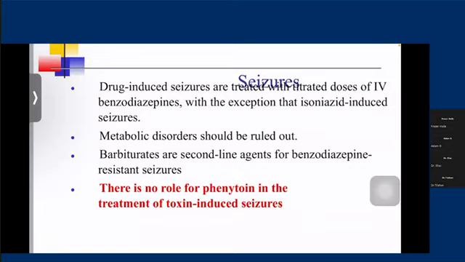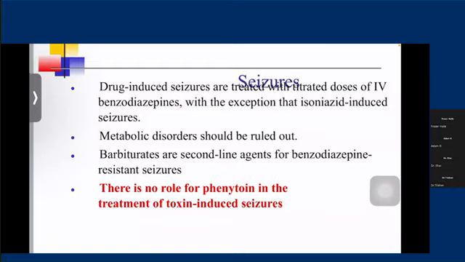Otherwise, the seizure caused by INH is usually refractory to benzodiazepine, so consider giving pyridoxine. Seizure can also be caused by metabolic complications because of the poisonous agent, so we always need to consider other metabolic and electrolyte abnormalities, rule them out or in, and manage accordingly.